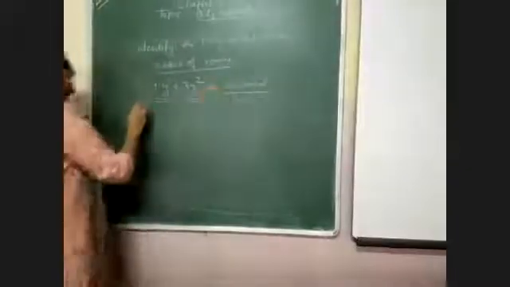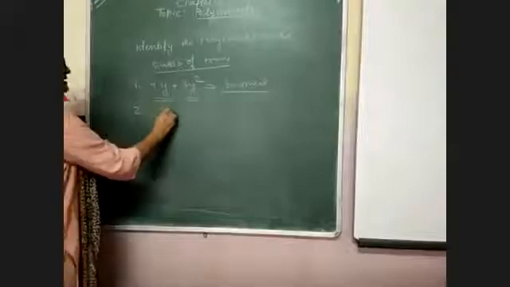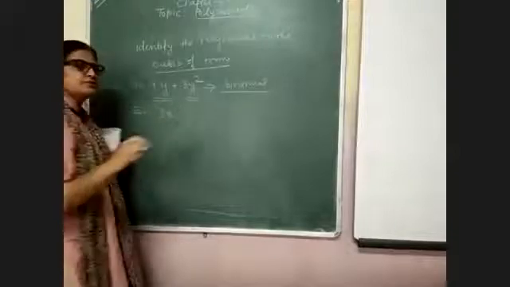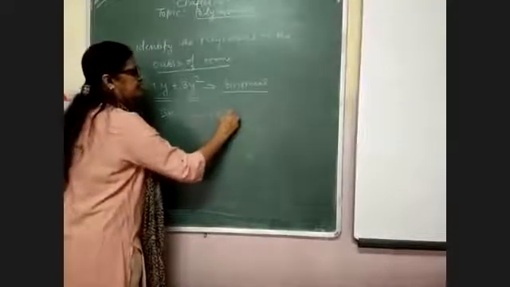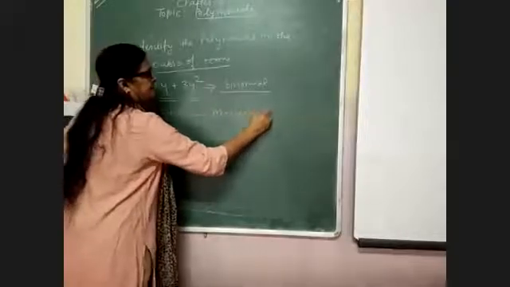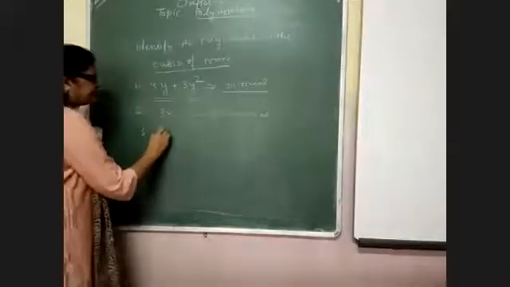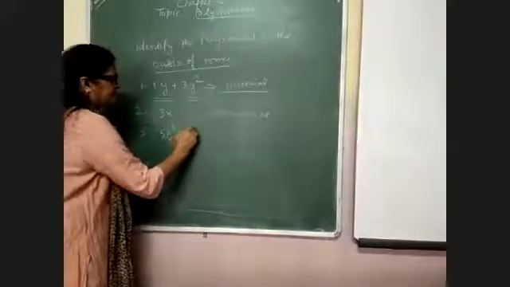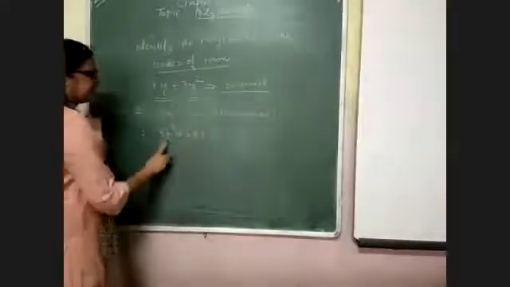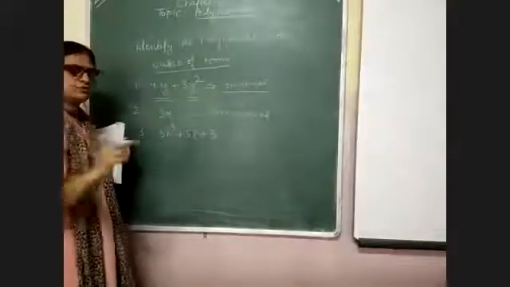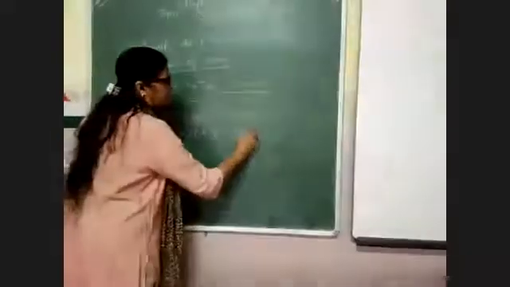And the second question is 3x. Only one term is used here, you can call it a monomial. And the last one is 5t^3 + 5t + 3. Here three terms are used in this question, you can call it a trinomial.